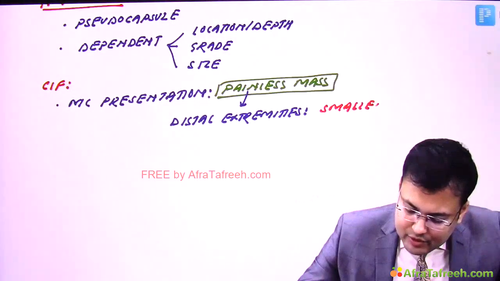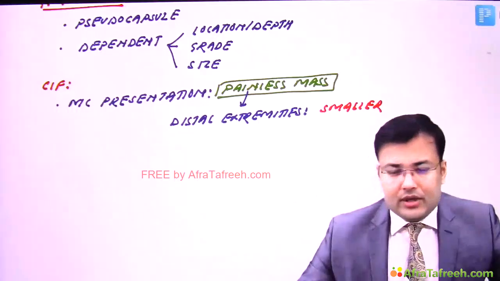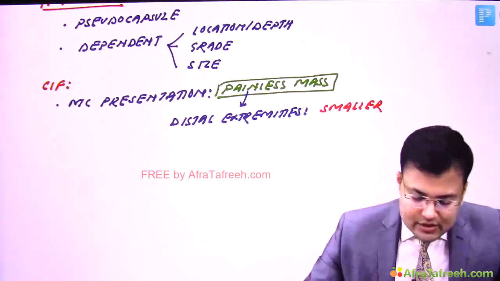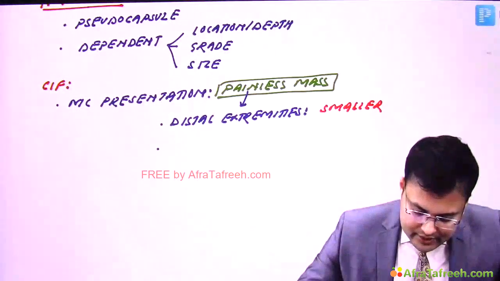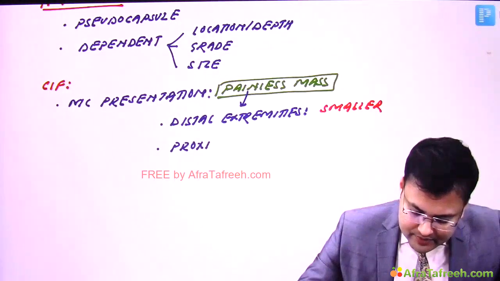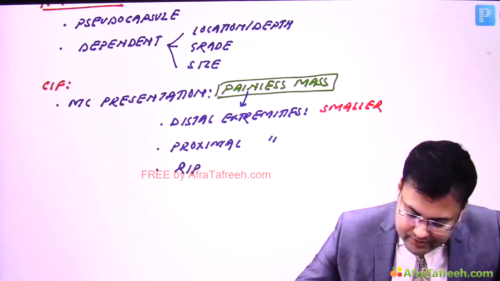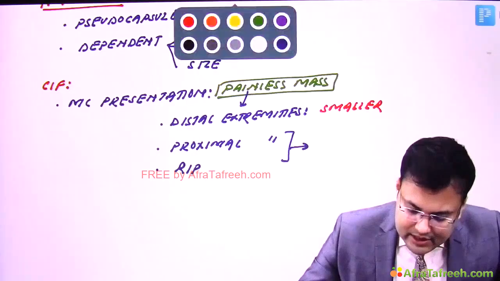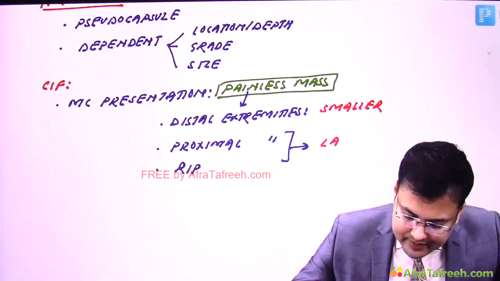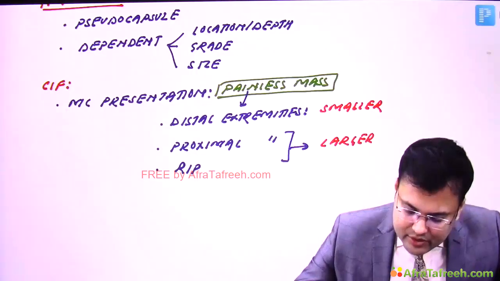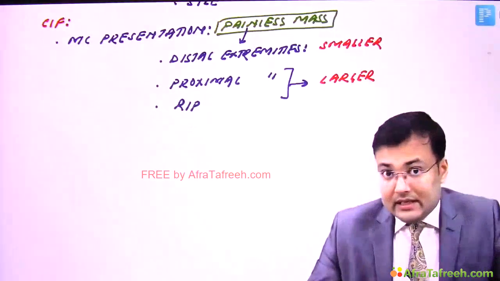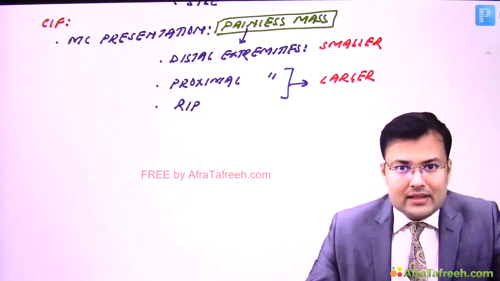And if you're talking about proximal extremities or retroperitoneum, the tumor is very large. Clear? So in retroperitoneal sarcoma, what is the presentation? There is large painless mass.